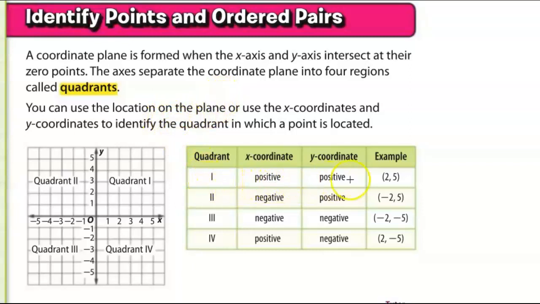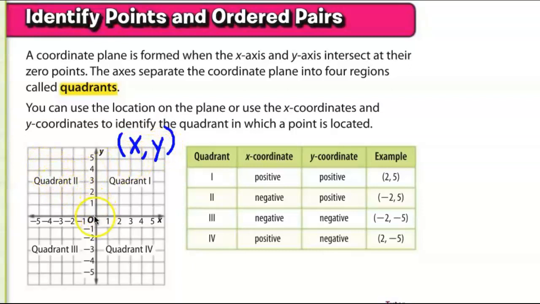quadrant 1 are only positives, and we already have learned that in an ordered pair, we always write the x value first, then the y value. So for quadrant 1, a point would look like a positive x and positive y.